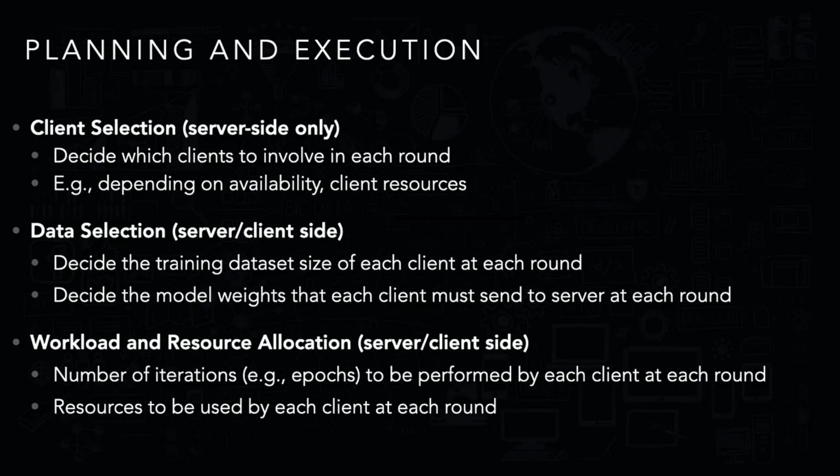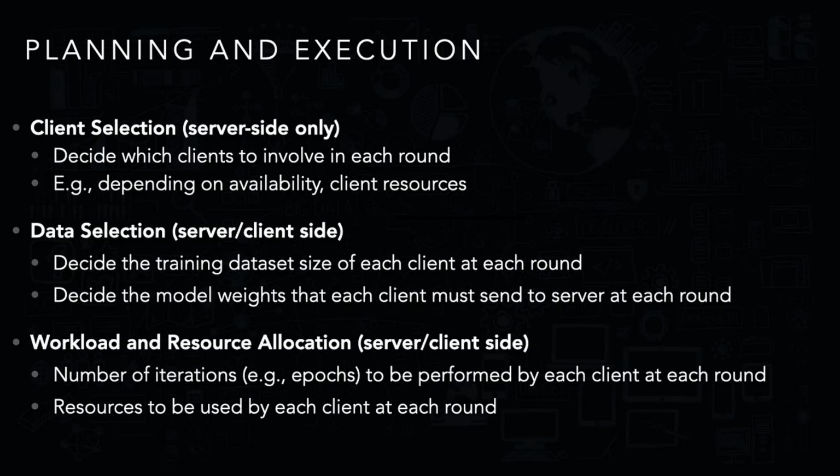And it consists in deciding the size of the training dataset to be used in each client at each round, and also which model weights to communicate with the server. Usually all the model weights are sent to the server at each round, but sometimes only a portion to reduce network latency and overhead.